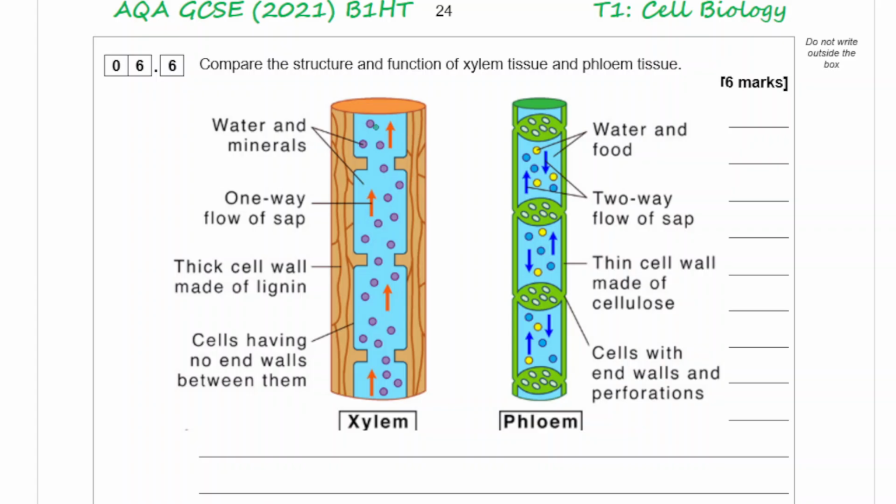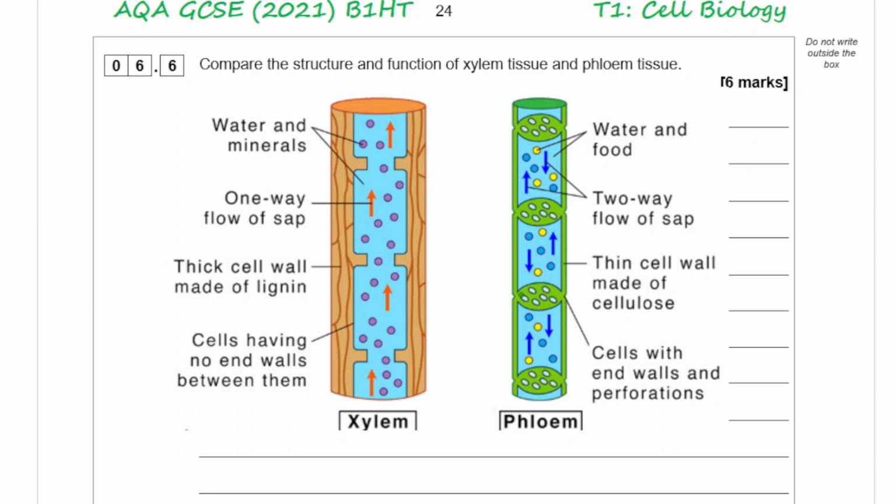Xylem is a hollow tube made up of dead cells, and it transports mainly water along with mineral ions, going from the root to the shoot, from the bottom to the top. It's a one-way stream, and it has thick walls made of lignin, and the cells have no wall endings between them, making it a hollow tube.